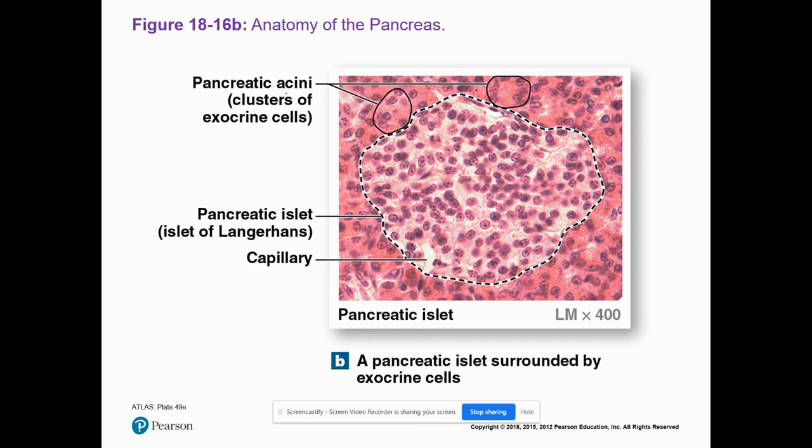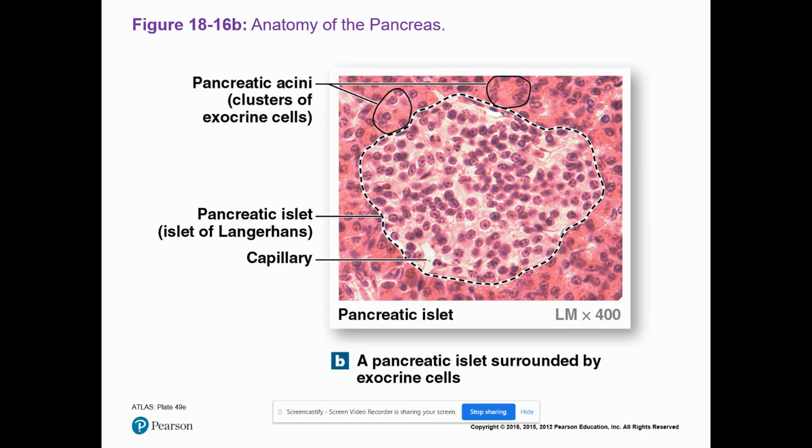All right. So the pancreatic acini, the clusters for your exocrine cells, are up here. The islets of Langerhans cells, they did a nice demarcation on here, but if you're looking at a regular old slide under a microscope, that's not going to be there. So sometimes the islet cells are a little bit harder to see. What you're going to want to look for is where the capillaries come in.